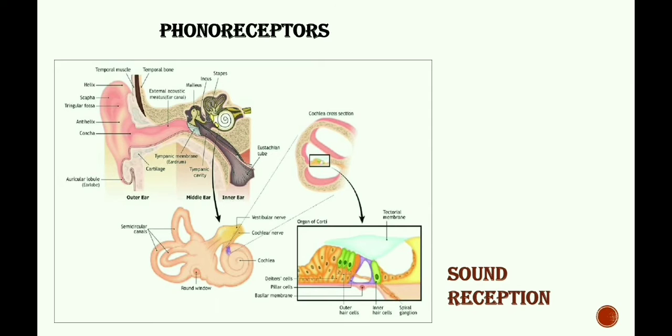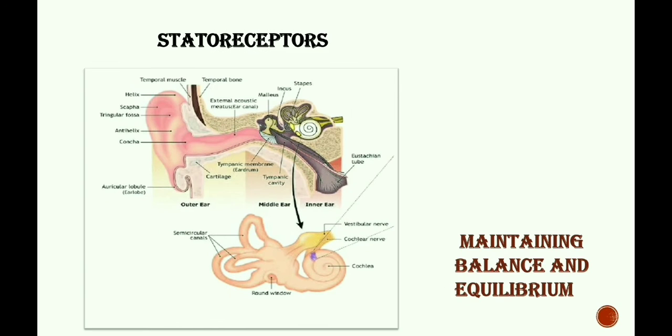That means it helps in hearing. Second one is statoreceptors. The location of statoreceptors is again internal ear, but this time it is located in semicircular canals. And the main function of this receptor is maintaining balance and equilibrium of the body.